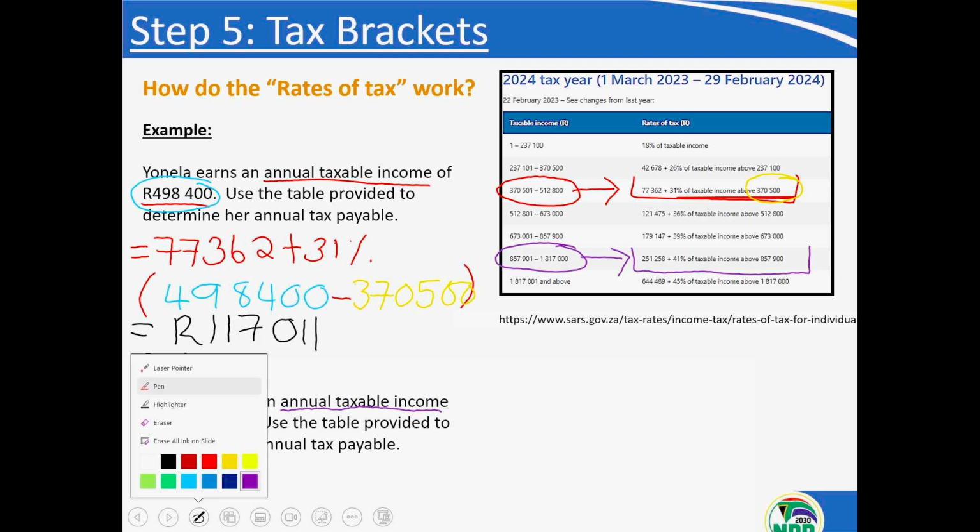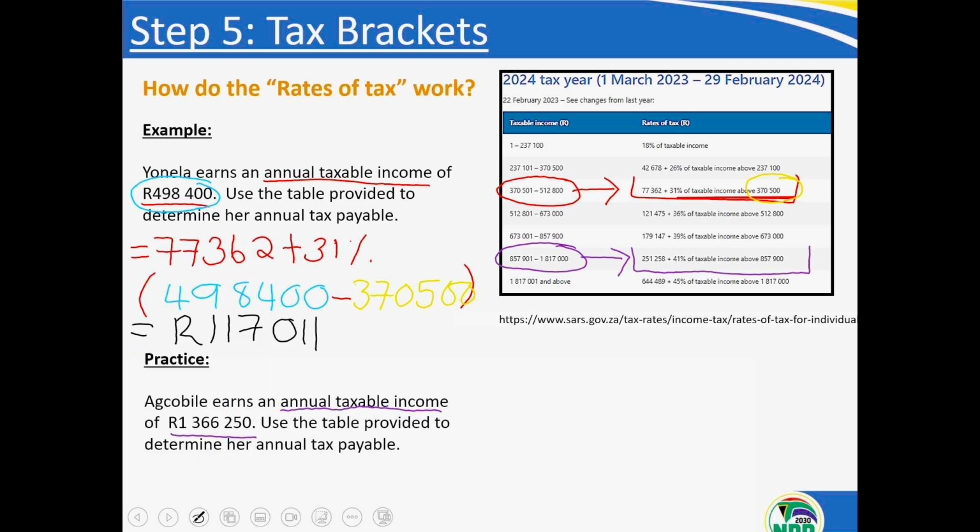Okay, let's check our answers together. So, we have 251,258 plus 41%. Remember to put that percentage symbol in or put 41 over 100, otherwise your answer will be wrong. We then insert the annual taxable income.